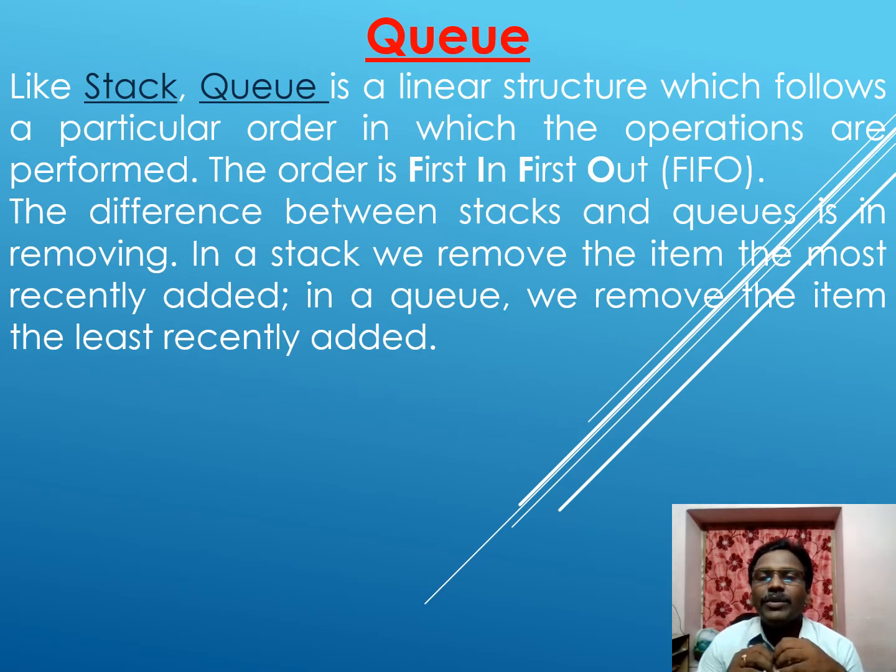In queue, we remove the least recently added item. It means the queue operations are performed at two ends: one end is the front, another end is the rear. The stack performs operations at only one end.